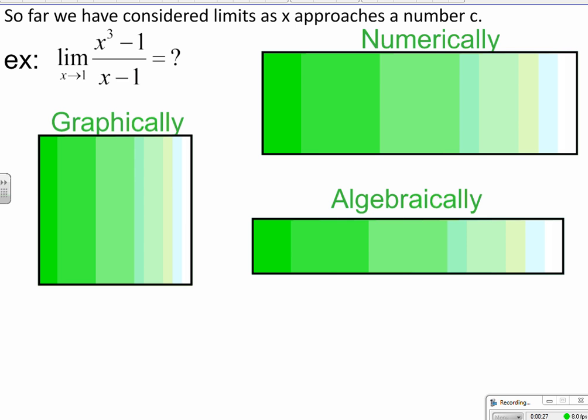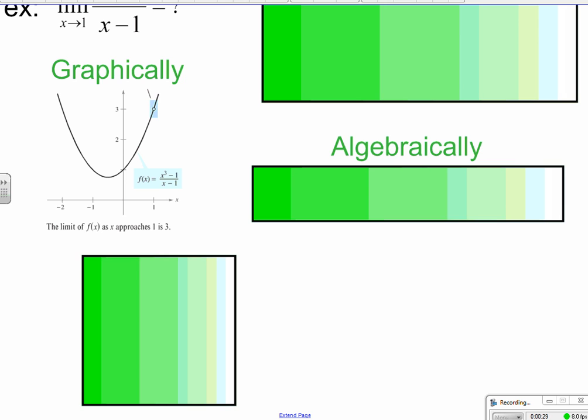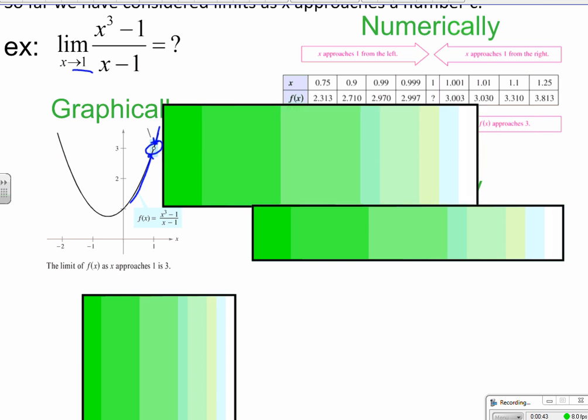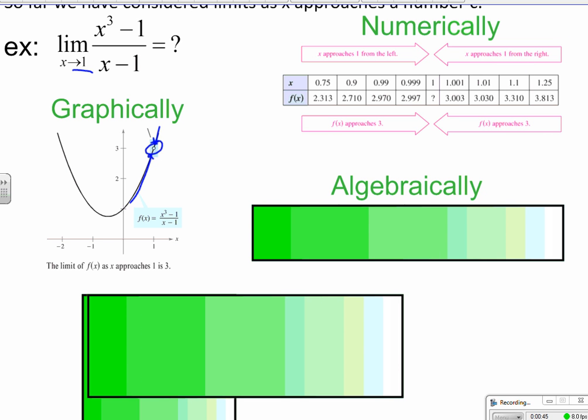So earlier in this chapter, we looked at graphs and tried to determine limits from graphs. So I looked at this limit, as x approaches 1, from the left and from the right, I am coming into 3. We also did it in a table format. Filled in the table and notice that these indeed are coming together, and it appears that they're going to reach a height of 3.